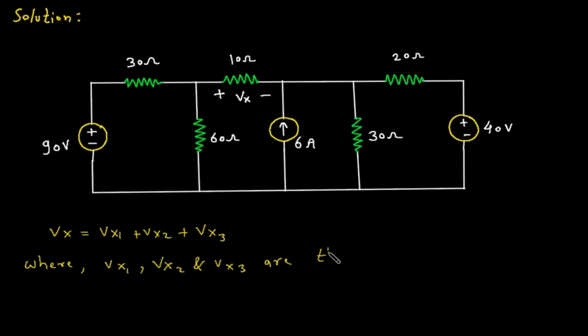are the voltages due to 90 volt, 6 ampere, 40 volt respectively. Now to find Vx1, we will consider this 90 volt.